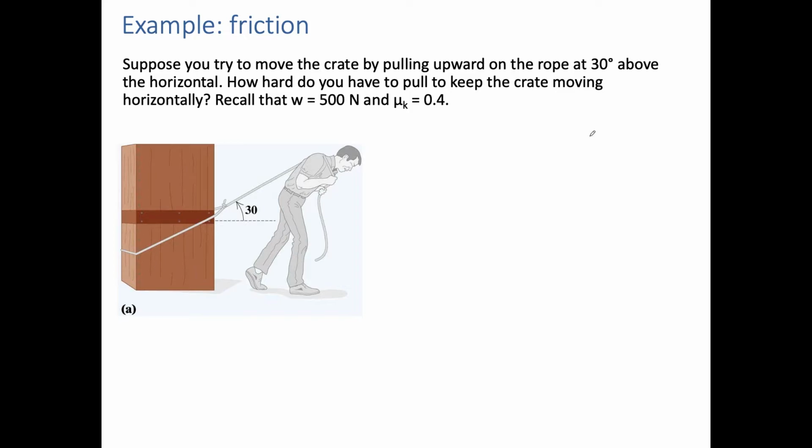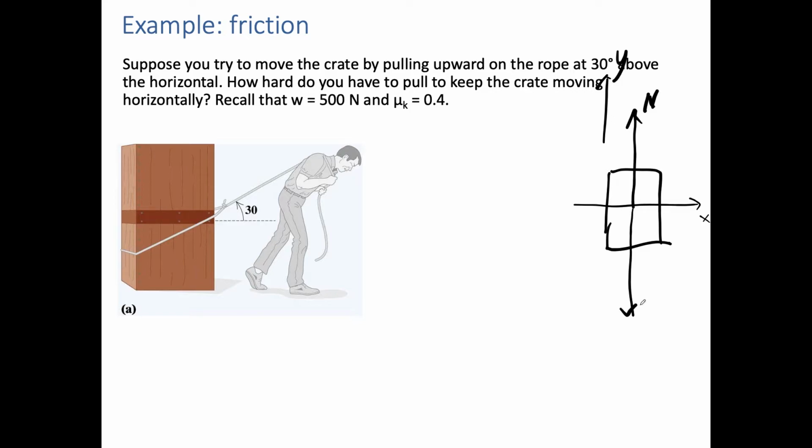What are the forces acting on the box? Free body diagram. We need to do free body diagram on the box. We should have normal force, x, y, weight, t.